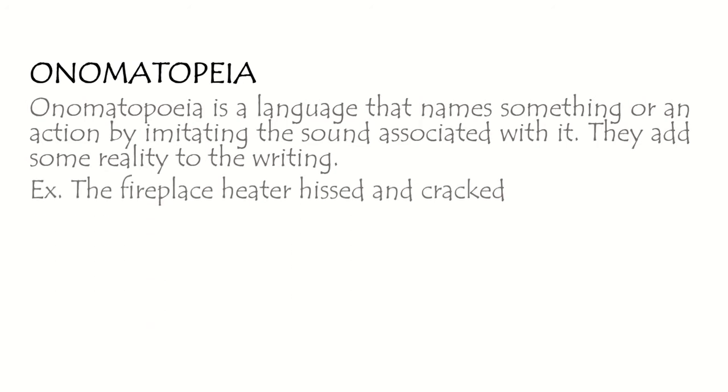For example, the fireplace heater hissed and cracked. Or more likely, some of the animals are making their sounds, like the cat goes meow and the dog barks like arf arf, or the cow says moo, right?